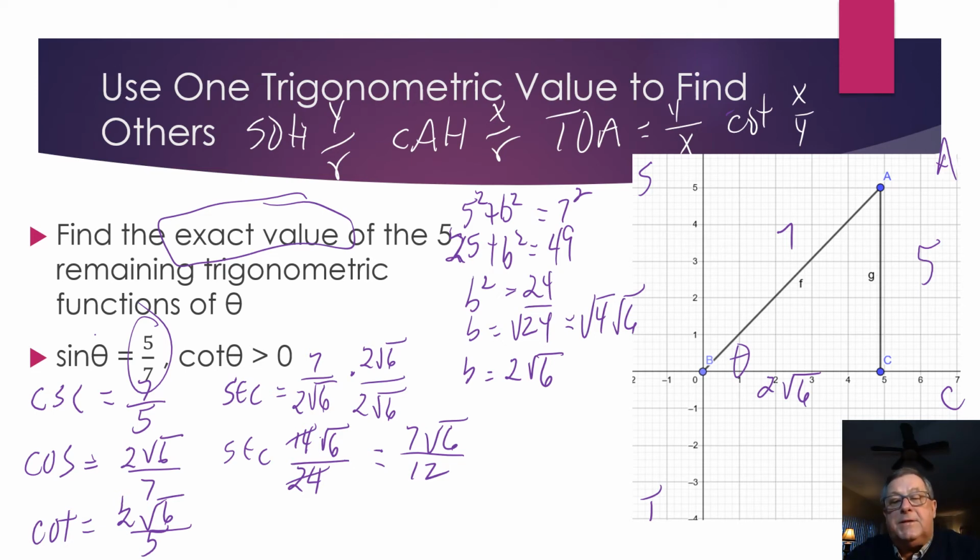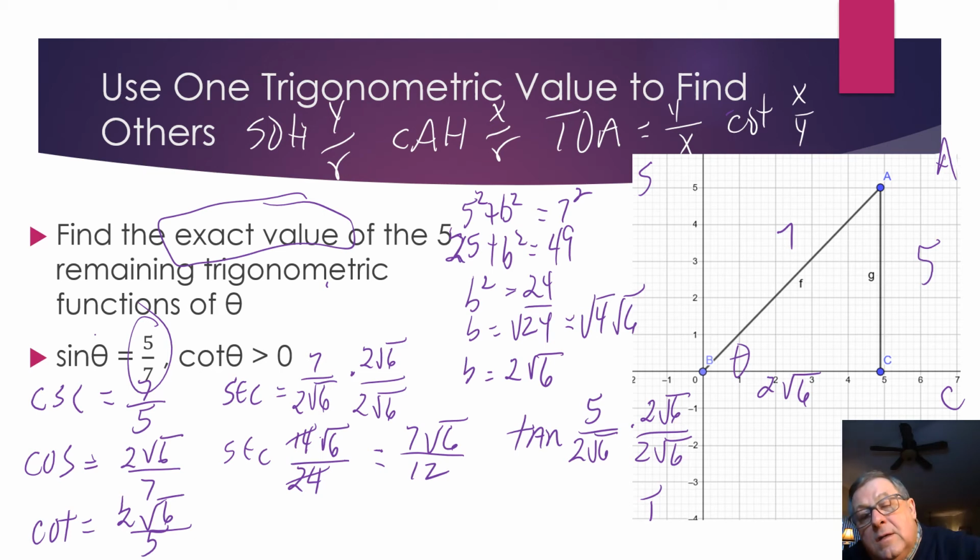Now, what about the tangent? Well, the cotangent we figured first because it's a little bit easier, didn't have to rationalize quite as fast. If it's 2 times the square root of 6 over 5, then the tangent is equal to 5 over 2 times the square root of 6. And again, we got to rationalize, 2 times the square root of 6 over 2 times the square root of 6.